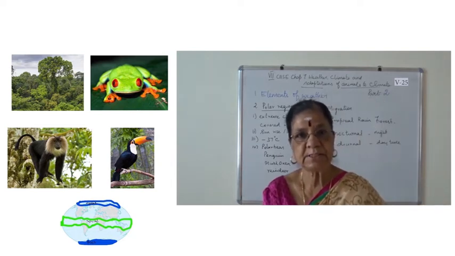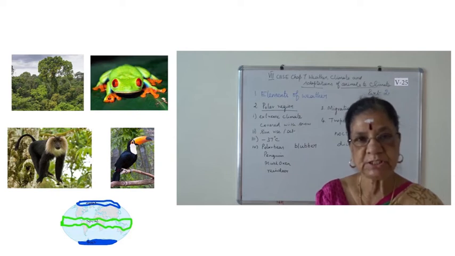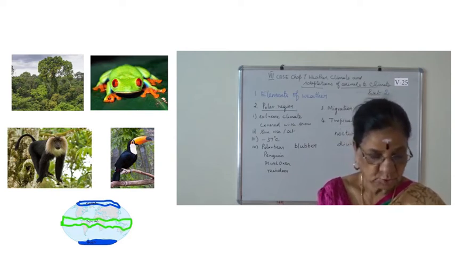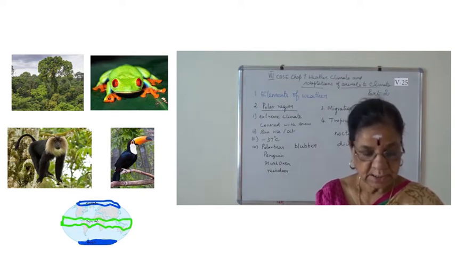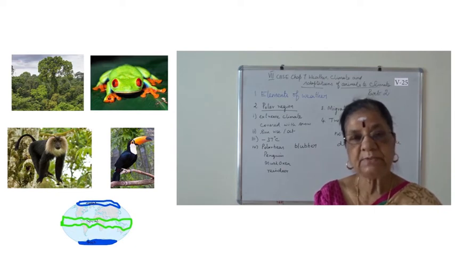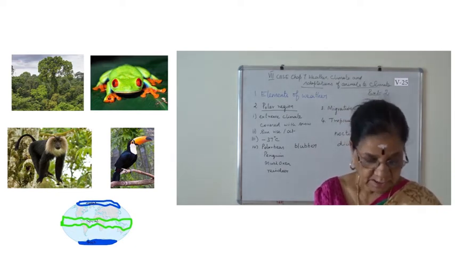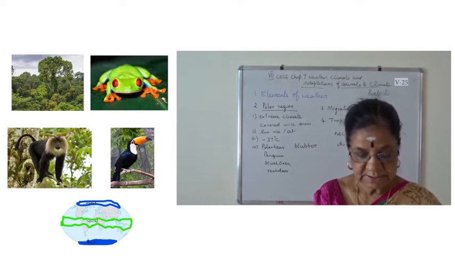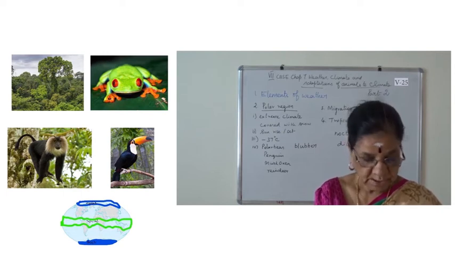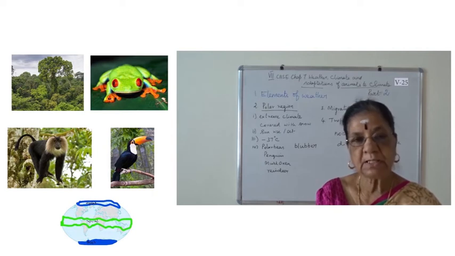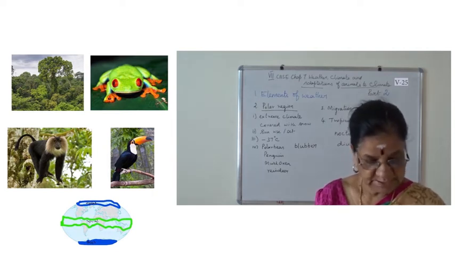Their ears are supplied with a rich network of blood vessels. When air blows over the ears, the blood vessels cool down, and this helps reduce the body temperature of the animal.